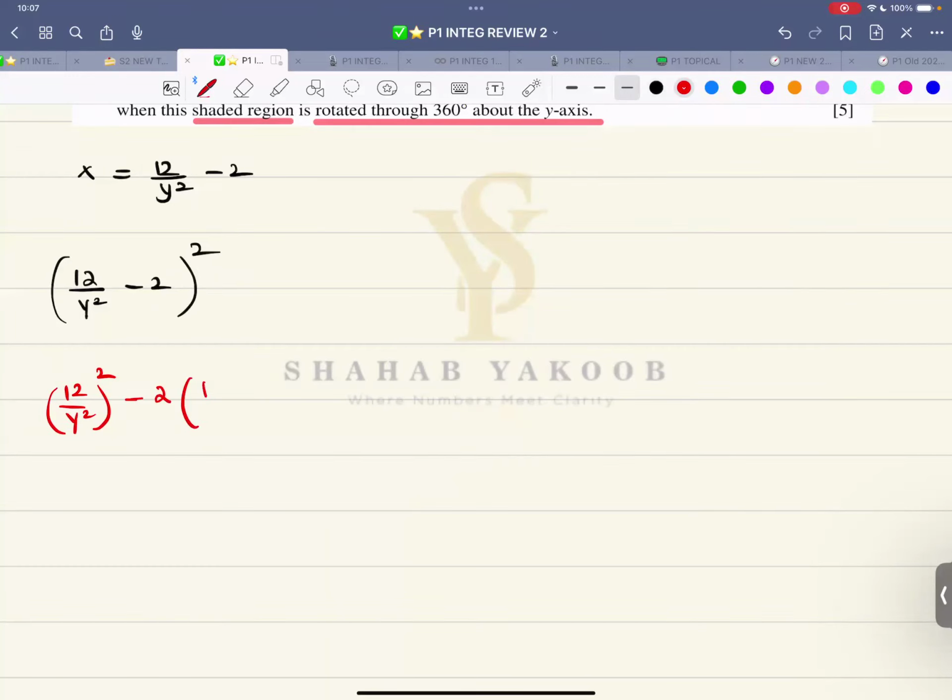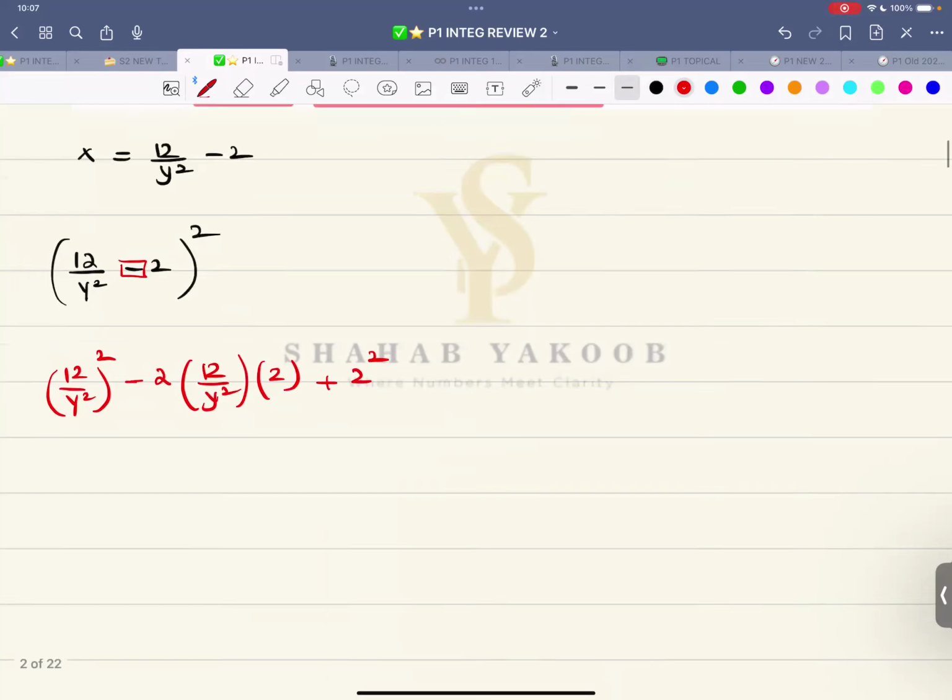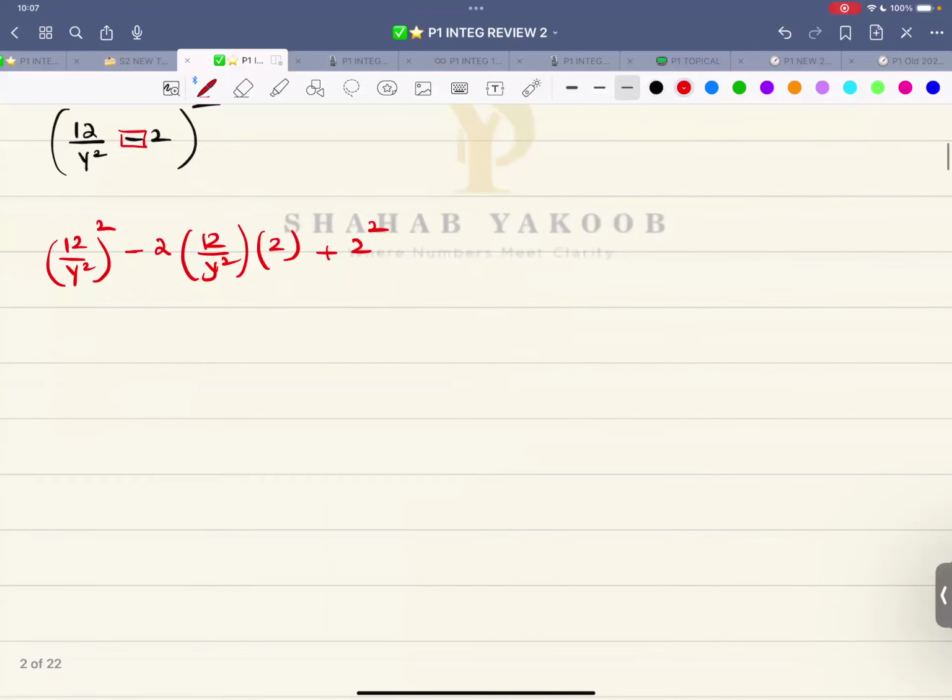That's 2 into 12 over y squared into 2. This negative is already considered, plus 2 squared. So let me simplify all these terms. That is 144 over y to the power 4. 2 into 2 into 12, that's 4 into 12, which is 48 over y squared. And this is 2 squared, which is 4.